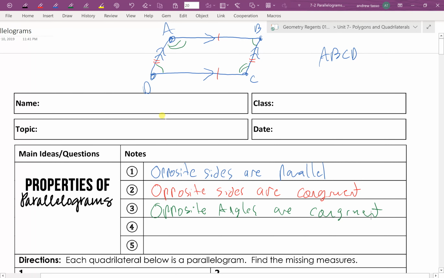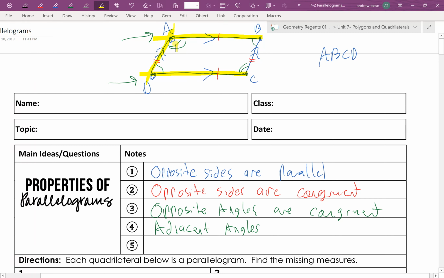And well, what happens with adjacent angles, right? So let's look at adjacent angles, meaning angles that are next to each other, right? So angles A and D would be considered adjacent angles, right? So too would angle A and B be considered adjacent angles, right? But what can I say about, for example, angle A and D? Well, if I look at this, I can draw here in yellow the fact that these lines are parallel, and then we would have AD being a transversal of those parallel lines, right?